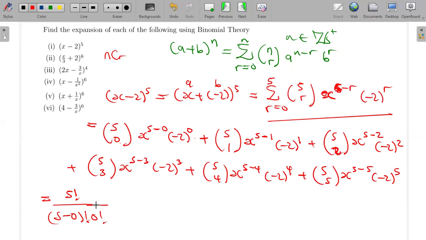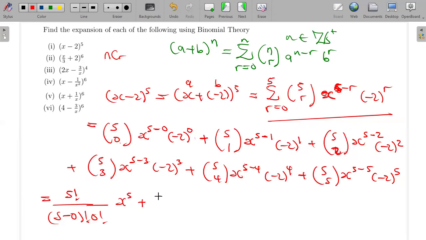So this here, you evaluate and see what you get, just as we did at the beginning. And then you have x to the power of 5, since 5 minus 0 is 5. And then negative 2 to the power 0 is just going to give us 1. Okay, then next you have 5 choose 1.